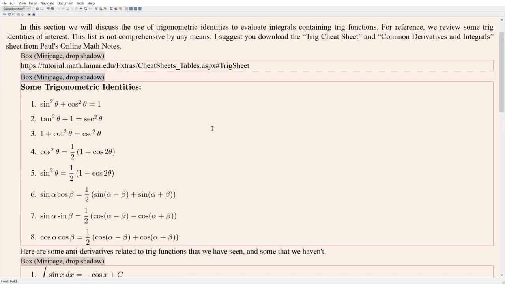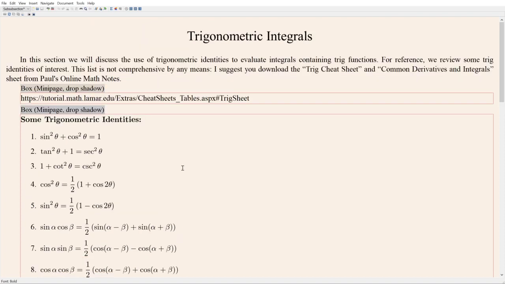So I have listed some trig identities here. These are ones which I know I have found some use for in this course. Of course, there are way more identities than this. So if you go to this website right here, or you just do a Google search for Paul's Online Math Notes, Trig cheat sheet, then there's a great PDF that he has written, which has all of the trig information on it that you could possibly need.